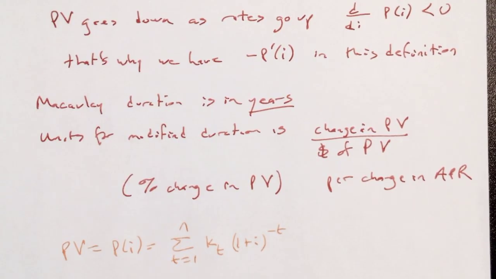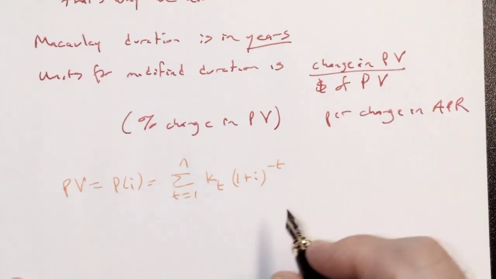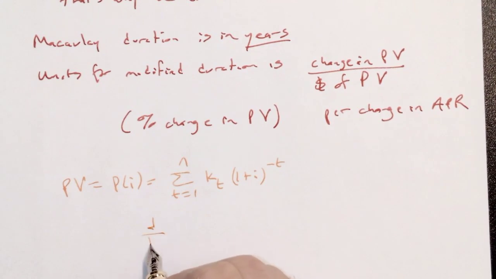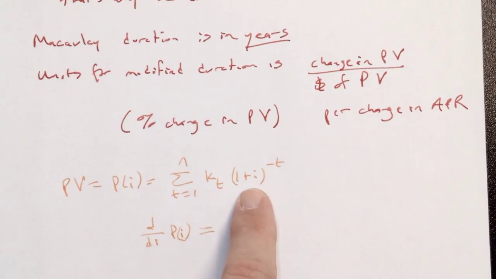What's the derivative with respect to I? Wait a second. k_t is a constant. The only I appears in here. This is the power rule, right?